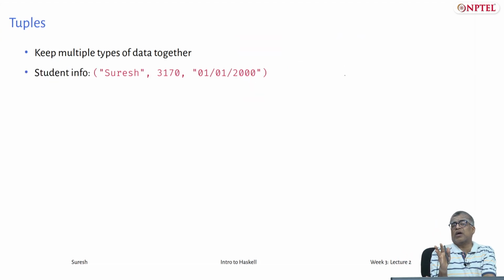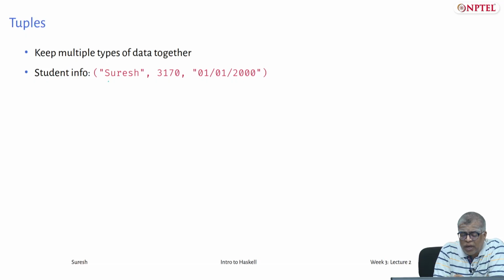And the nice thing about tuples is that in lists, all the elements have to be of the same type. In tuples, the elements could be of different types, and in fact, most often they are of different types, because a tuple is just a way of putting together multiple pieces of information about some entity. Here is, for instance, a student element: the name is Suresh, some ID is this, and some date of birth is this.